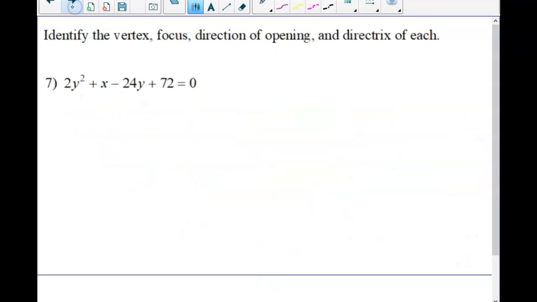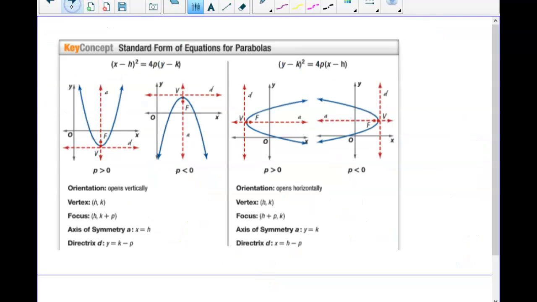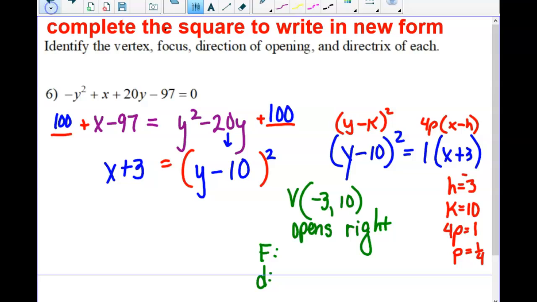Okay. I want to find the focus and the directrix still. I'm going to see if I have a reference sheet handy. Is there one in the slides? Here we go. It says when it opens right, the focus is at H plus P comma K. Do I have the right formula, guys? H plus P comma K. So negative 3 plus 1/4 is actually what?